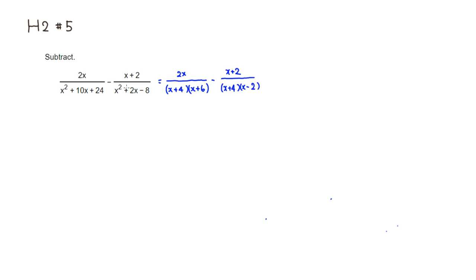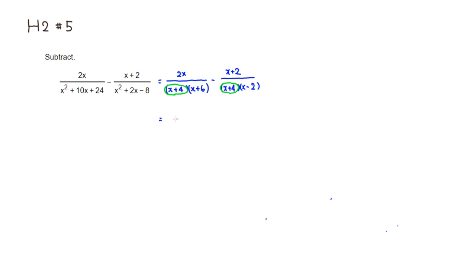Now what we need to do is find the common denominator. We have x plus 4 and x plus 4 is already in common. So what we need is a factor x plus 6 and also a factor x minus 2. We do not need to repeat the x plus 4.